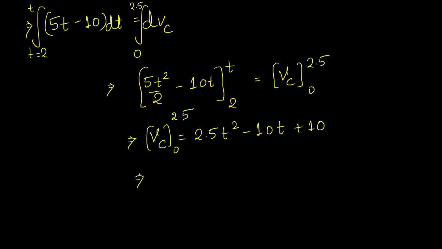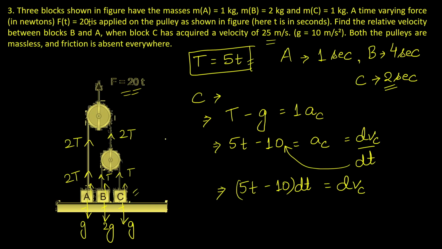So upon putting the value of Vc as 2.5 over here and solving, we will get t as 3 seconds. So basically what it means is that when block C has acquired a velocity of 2.5 meters per second, 3 seconds have already elapsed. So now we have the time t equal to 3 seconds, and for that 3 seconds we need to find the relative velocity between blocks B and A.